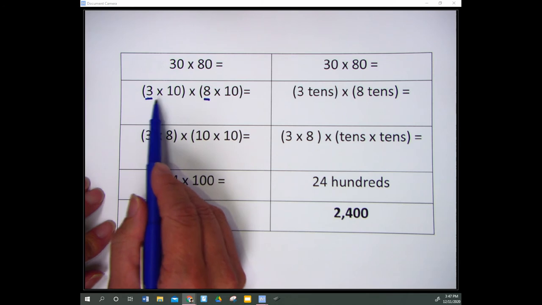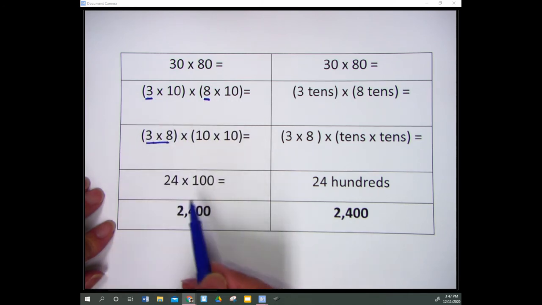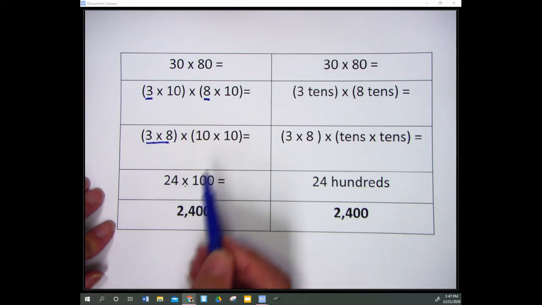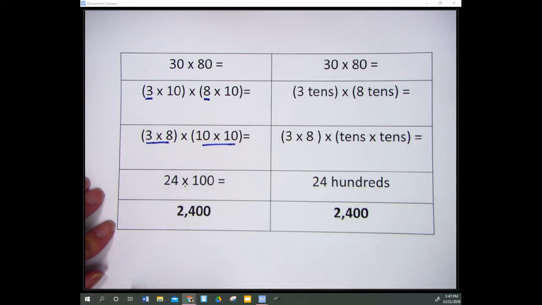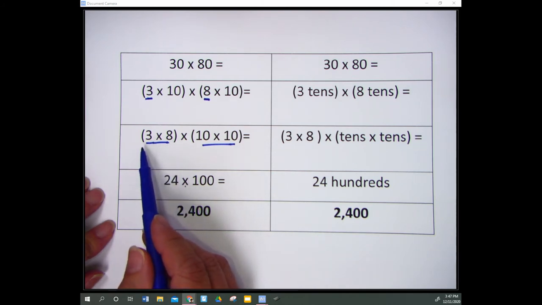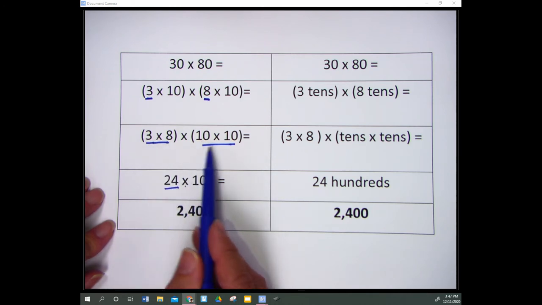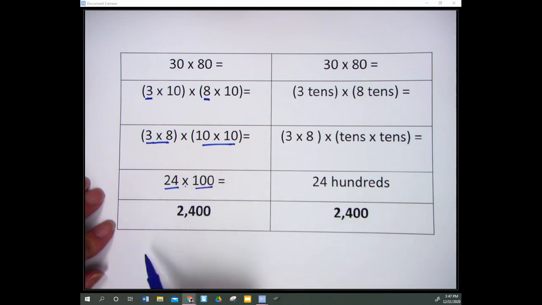So 3 times 10 times 8 times 10, that's equal to 3 times 8 times 10 times 10. And now that makes it a little easier for me to do in my head. If I have my multiplication facts memorized, I know 3 times 8 is 24, and then 10 times 10, that's 100. So 24 times 100, I'm going to have 24 of those hundreds, otherwise known as 2,400.